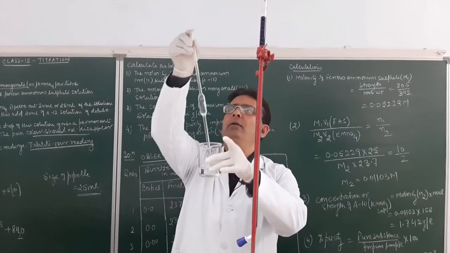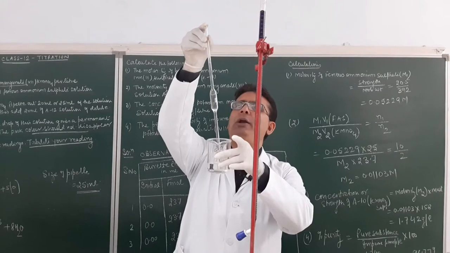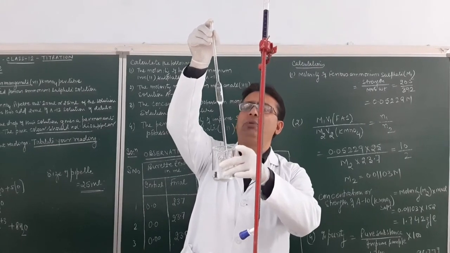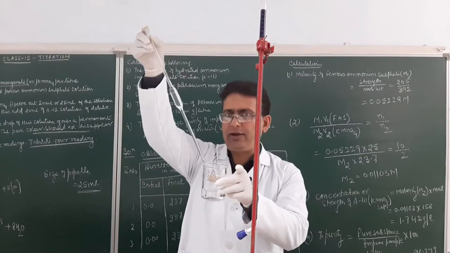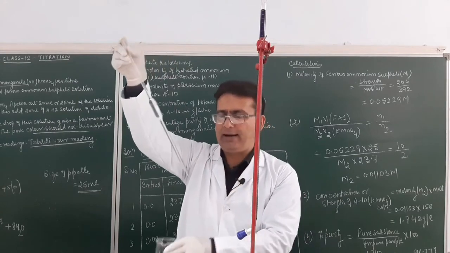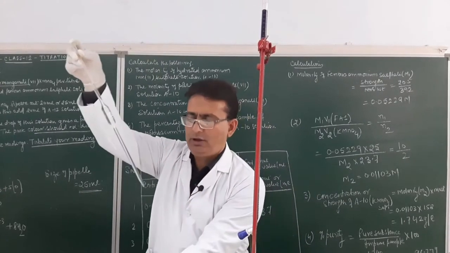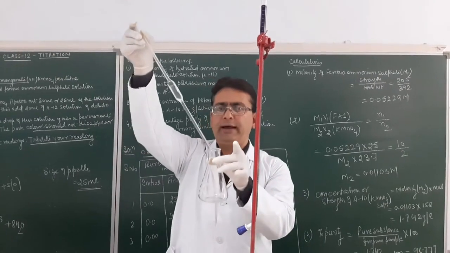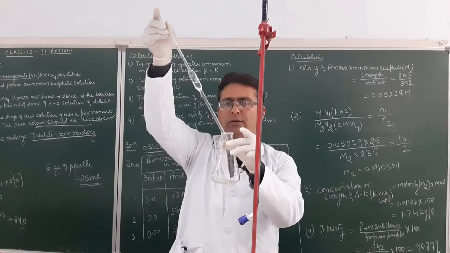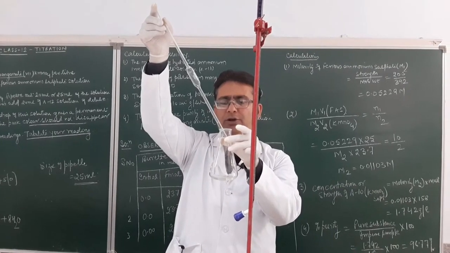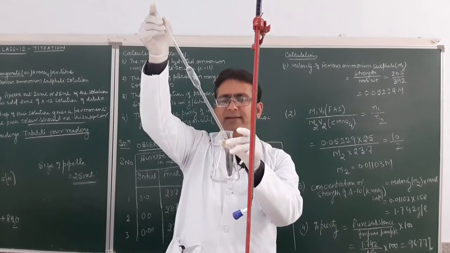See over here, it is to be filled up to the mark. Am I clear, student? Now I'll add this ferrous ammonium sulphate into the conical flask. Just see over here, this ferrous ammonium sulphate is added into the conical flask.